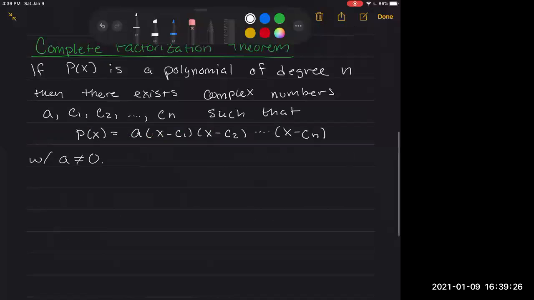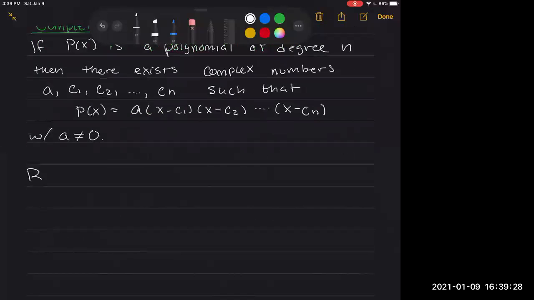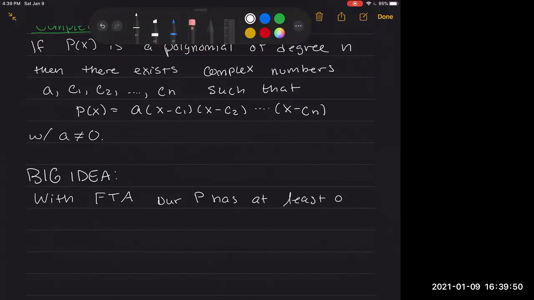All right, so the big idea is that with the fundamental theorem of algebra, which I will often write as FTA, our polynomial P has at least one zero.